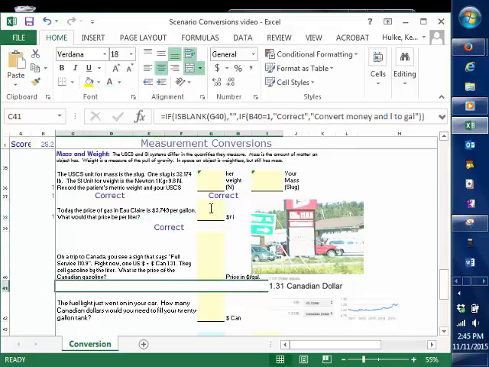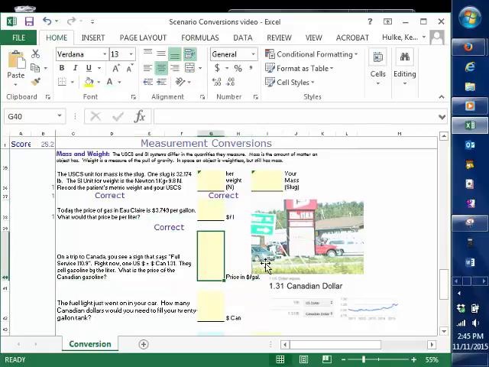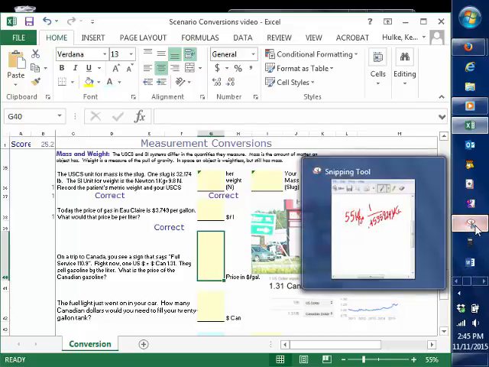On a trip to Canada, you see the sign that says full service 110.9. Now that means 110.9 cents per liter. Right now, 1 US dollar is 1.31 Canadian dollars.